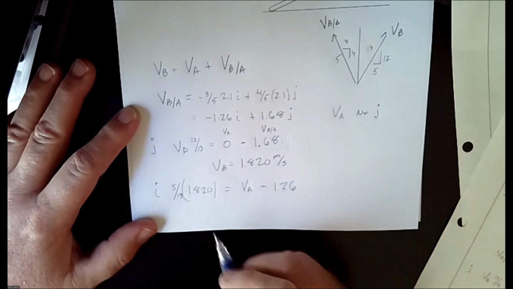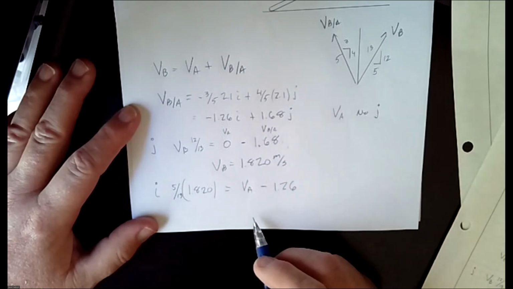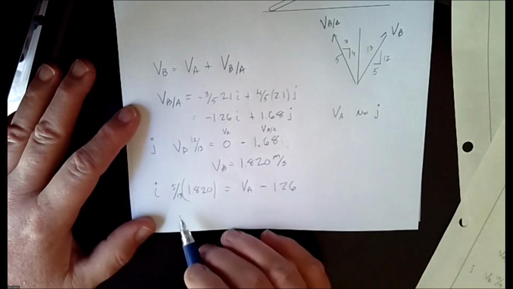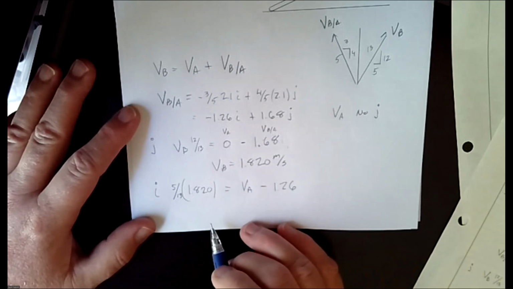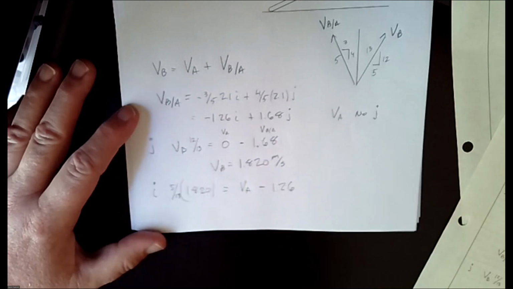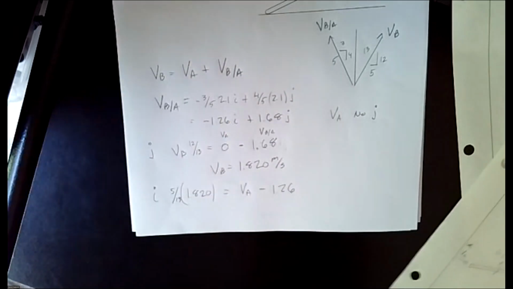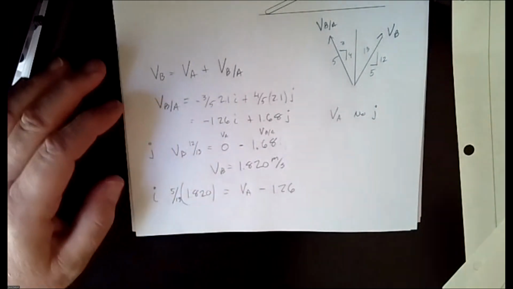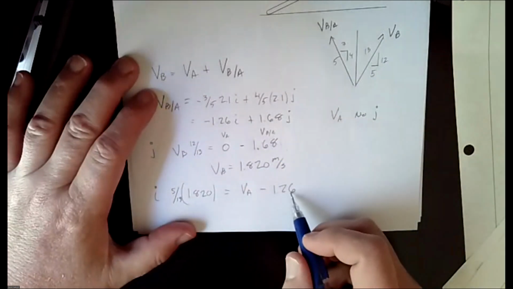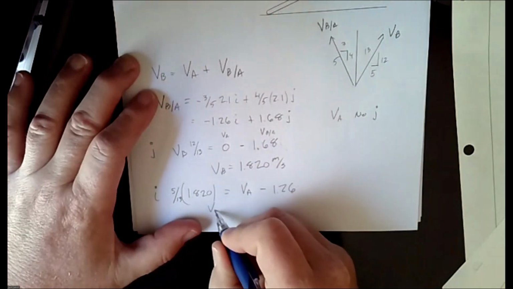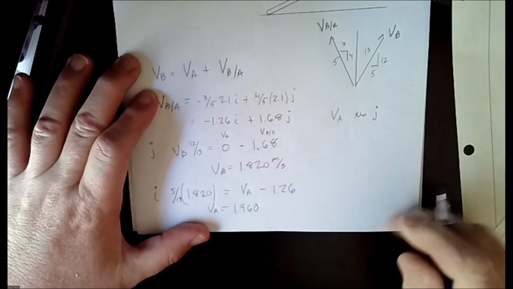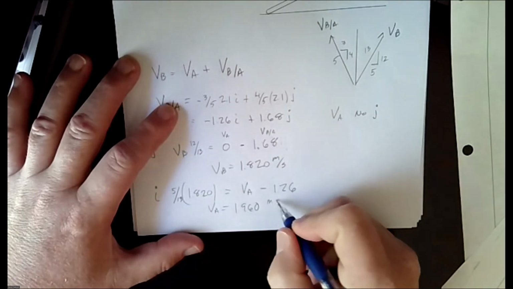So if I solve, I end up getting a value of essentially 0.7 plus 1.26. So it ends up being about, what is the value? Yeah, about 1.960. So if I solve for this, I move that to the other side, I get a VA equal to 1.960 meters per second. All right.